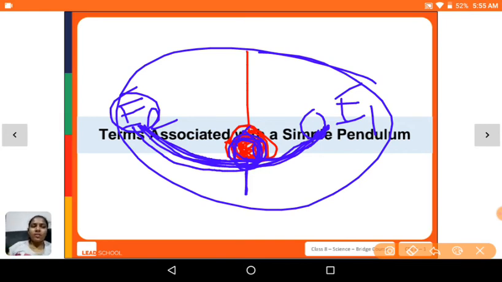We can say that oscillatory motion is also a type of periodic motion. Periodic motion goes on continuing, but oscillatory motion is just one part. Oscillatory motion is defined as the to and fro motion of a body about its fixed position. Okay.